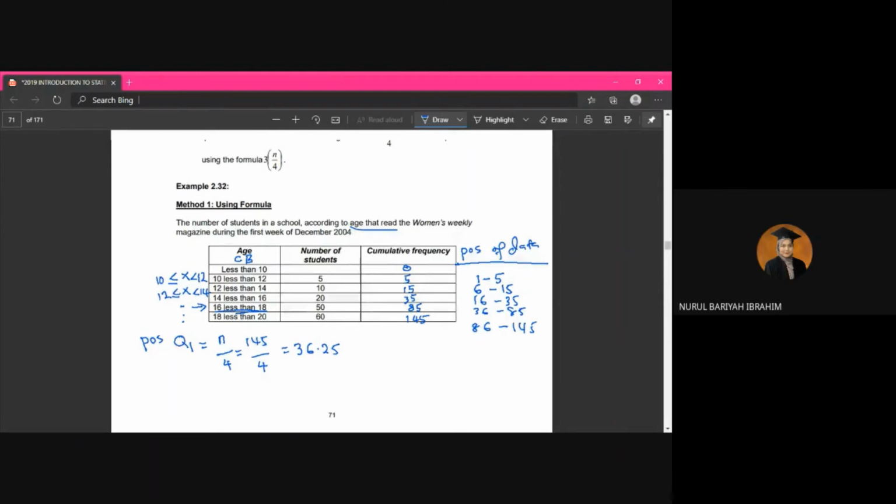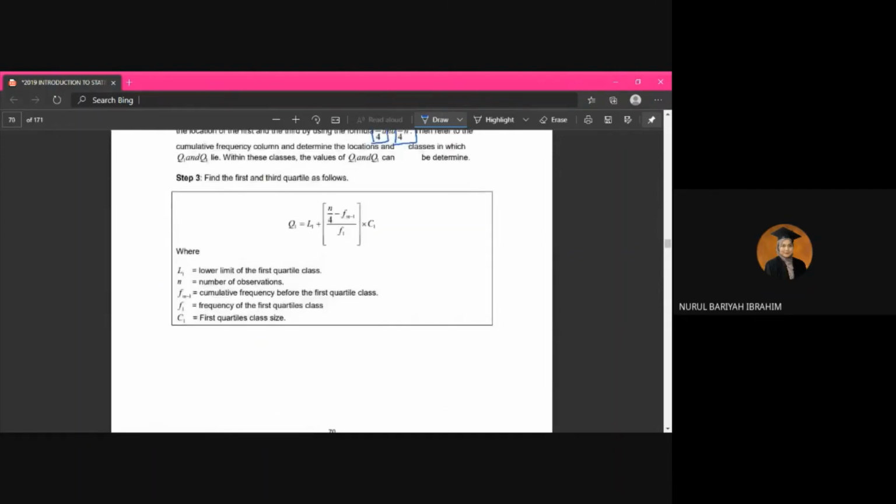So let's see the formula. Okay, this formula. So L1 is 16, which is the lower limit of the class 16 until 18. So its lower limit will be 16 plus 145 divided by 4 minus the cumulative frequency before the first quartile class. Okay, our first quartile class is 16 to 18.